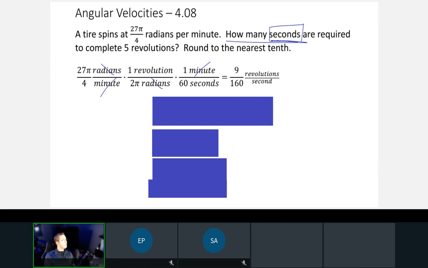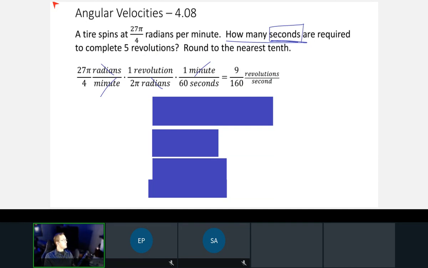All right, so we're getting closer. Remember, our goal is to know how many seconds are required to complete 5 revolutions. So right now we know that we have 9 over 160 revolutions per second. We can also look at it as 9 revolutions per 160 seconds. It has the same meaning, just looking at it differently.